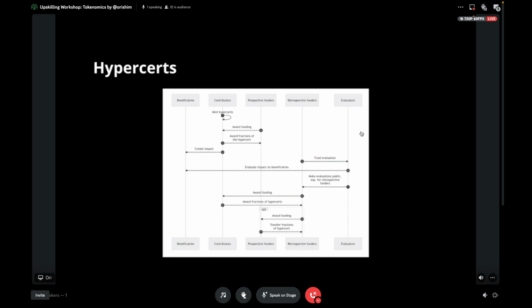Another cool mechanism is Hypercerts, which are basically tokenized impact certificates. This is a mechanism for public goods funding where you mint an NFT saying that you did something you think is valuable, usually something for the public good or for the good of some particular community or network.